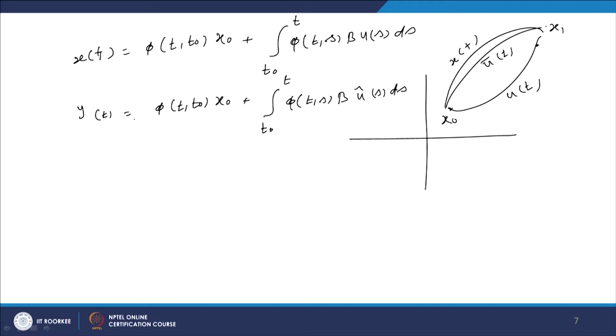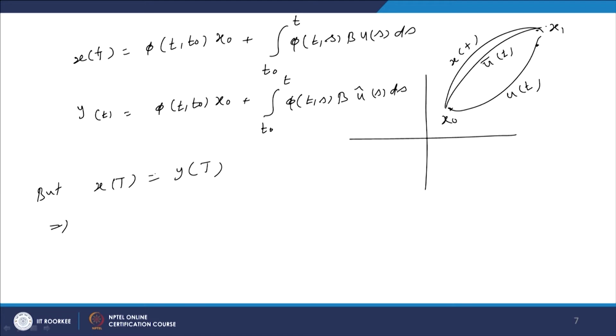So, y of t is a different solution, but the final positions are the same for both of them. When we substitute t equal to capital T, x of t and y of t will be the same expression by the two different controls.